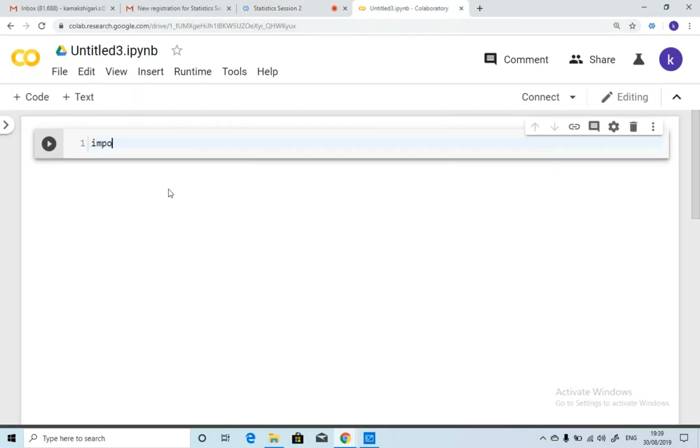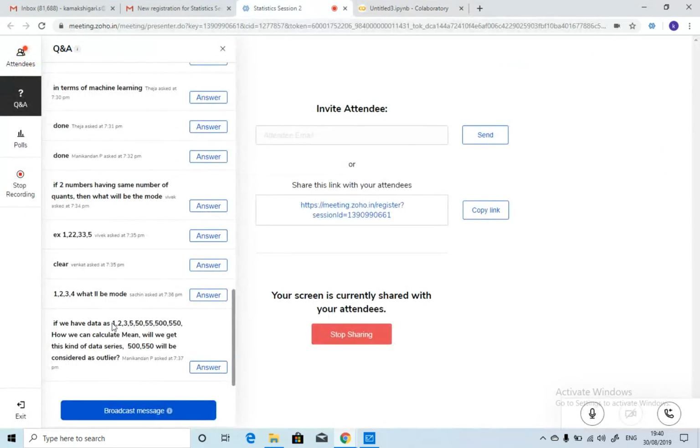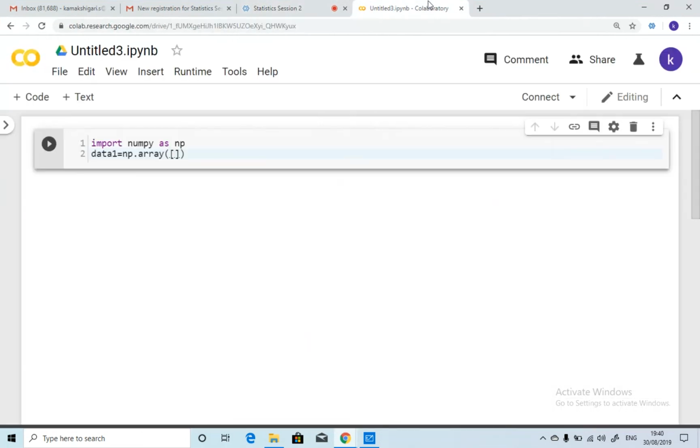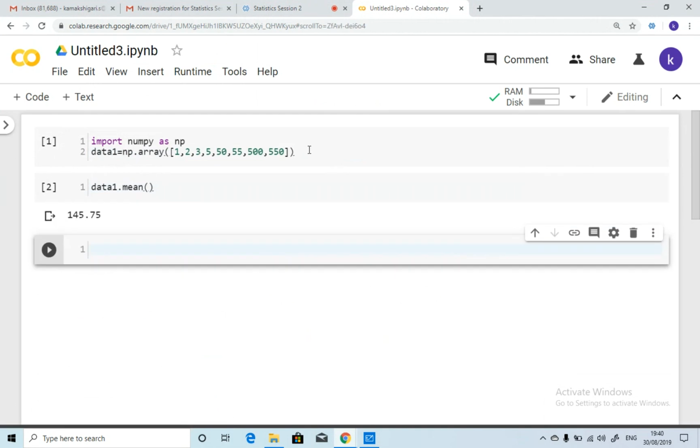Now, import numpy as np, data1 equal to np dot array. Now data1 dot mean is 1.5.